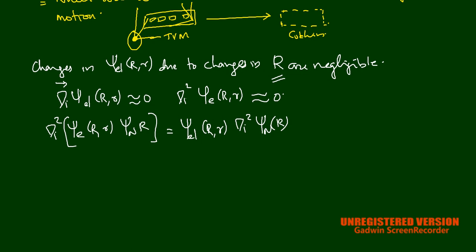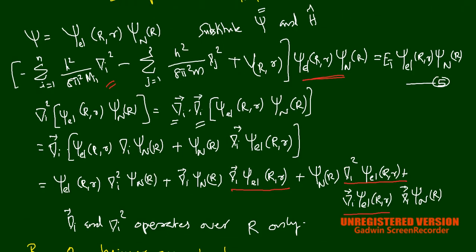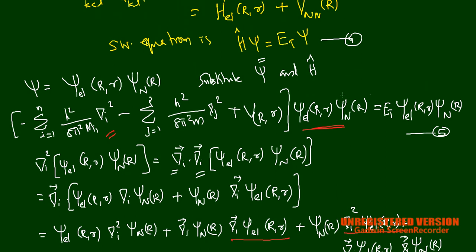Now this is the simplest expression. Now equation number 5 is a Schrodinger equation. In this equation now we are going to find out del J square ψ electronic r ψ n r. Del J square is operating over ψ electronic r ψ n r.